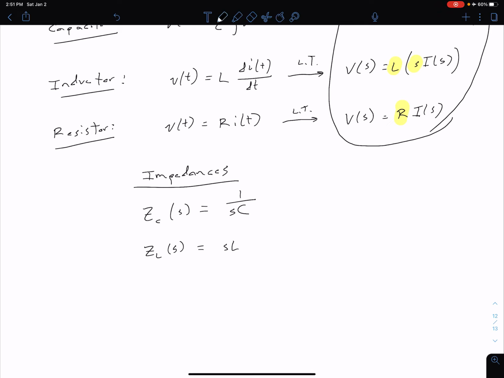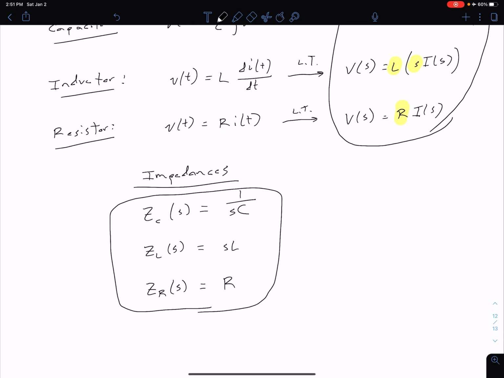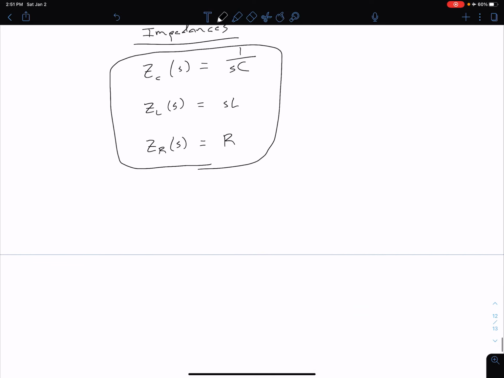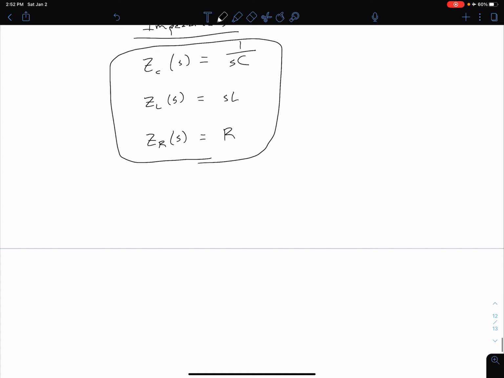And Z of R, our resistor impedance in the frequency domain, which is why I have the parentheses function of S, is simply equal to the resistance R. These are our three key impedances for our basic passive components. In the next video, we're going to look at the circuit from the previous video again and see just how much using these impedances can simplify the process.